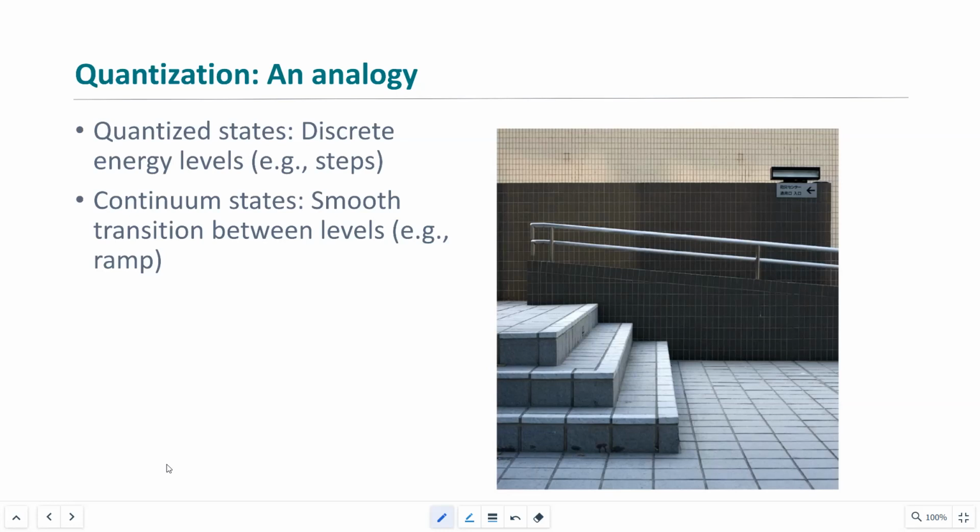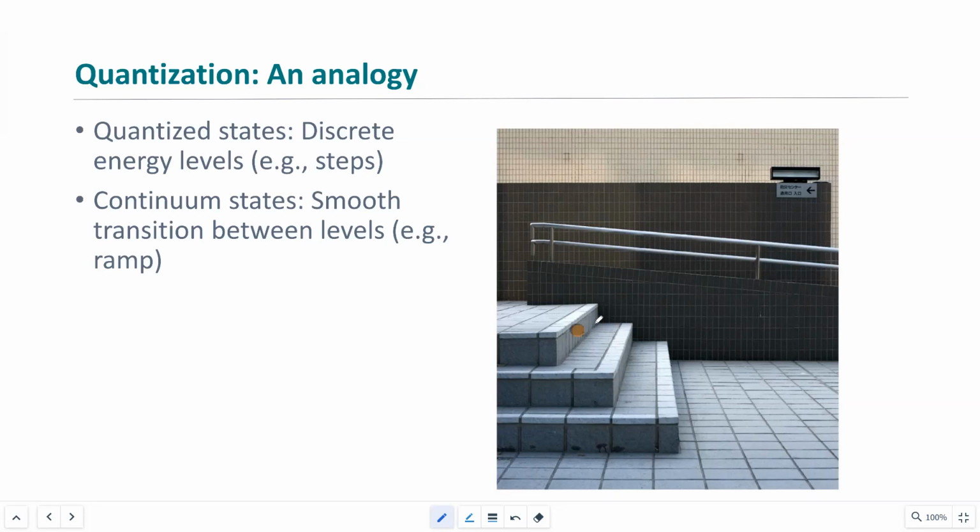Now, if you take the steps themselves, there's a certain amount of energy that is going to be associated with going from the first step to the second step to the third step to the bottom. While it is possible that you could skip steps, what you can't do is go to any place in between. So if I want to land my shoe right here in the middle of the first and the second step, I can't do it.